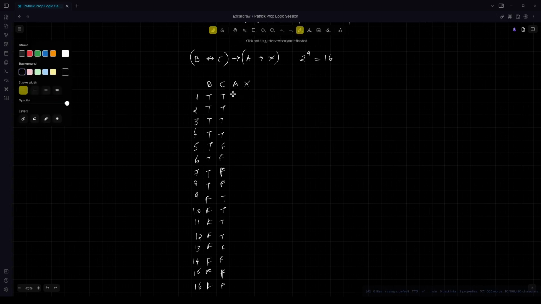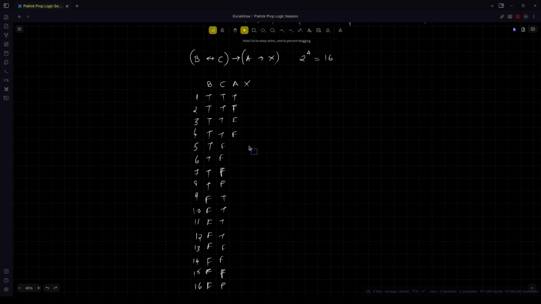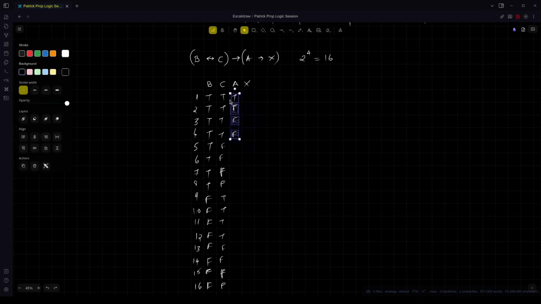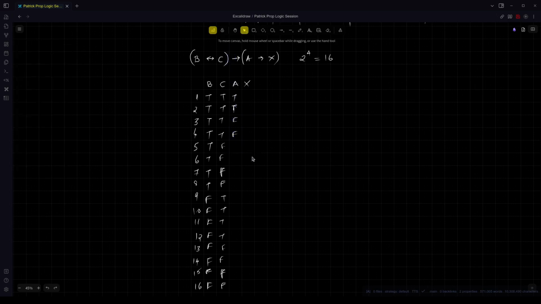Okay. So then the next column we have 2 by 2. Yeah, 2 true, 2 false. I'm just going to copy that, copy it once and copy it again and paste it.